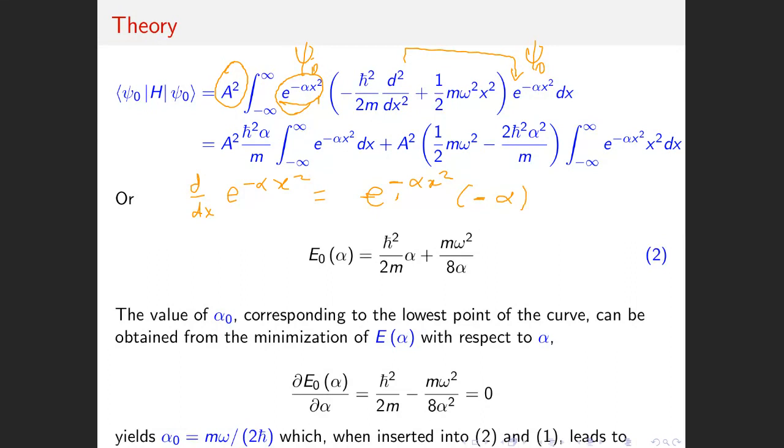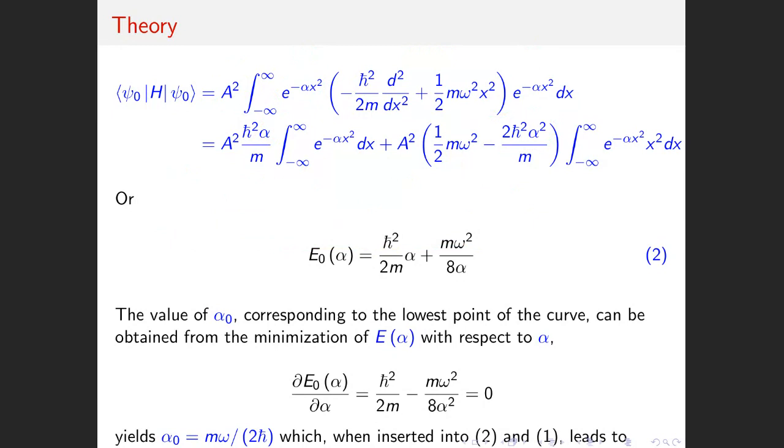Once you differentiate it again, you will get the term e to the minus alpha x squared, which will be this term. Just check that the minus is that one. But this derivative can also act there, which will just give you the term which is alpha. And this term comes from there. Once you simplify everything, you get the expression for E0.